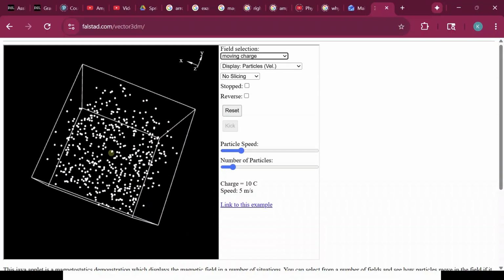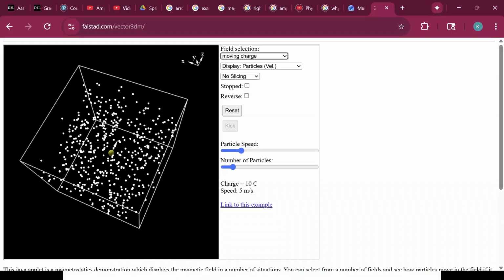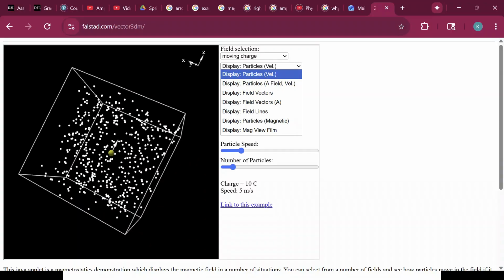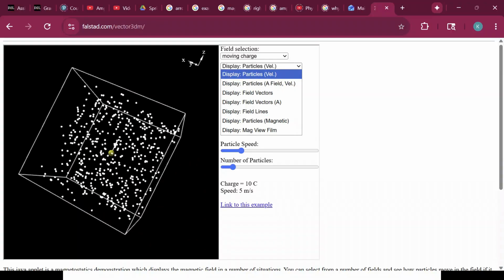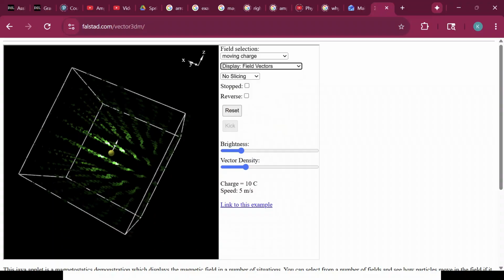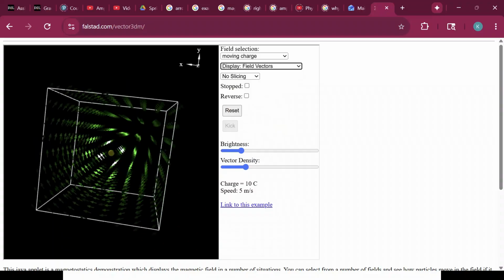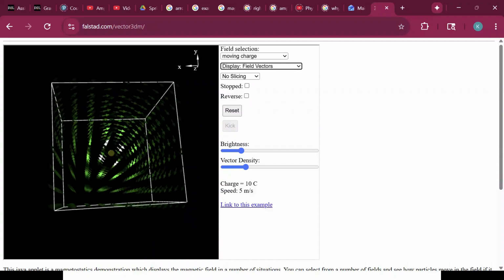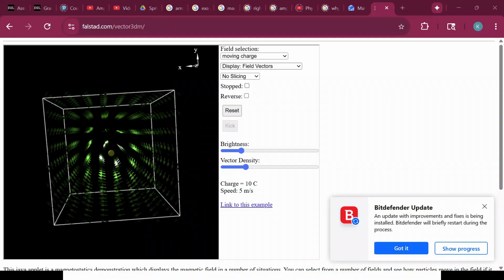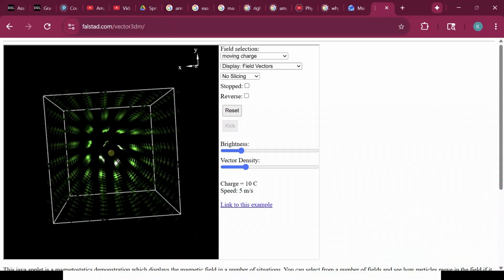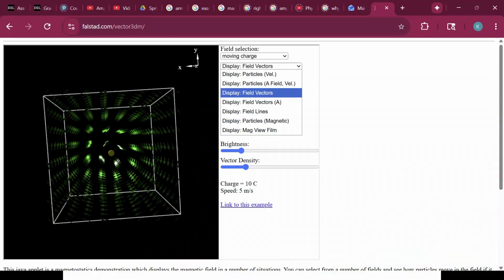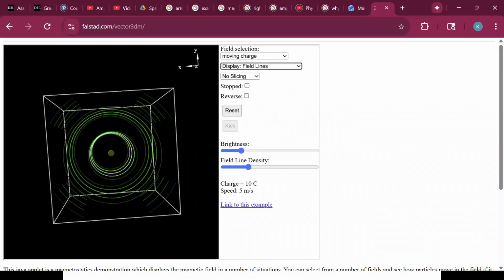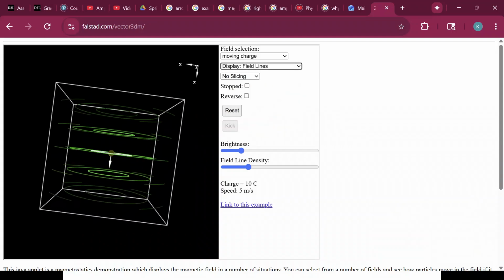And what's currently being shown are velocities of particles. Instead of looking at that, we're going to look at the field vectors. So if I look at the field vectors, I can see that those field vectors are creating loops. And if I were to draw the field lines, those field lines are also making loops.